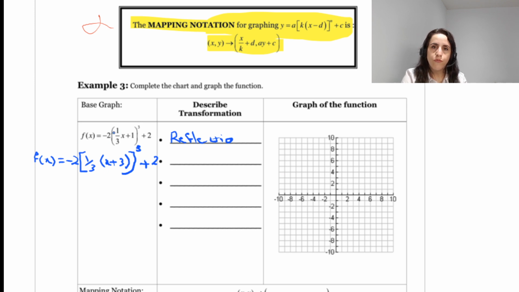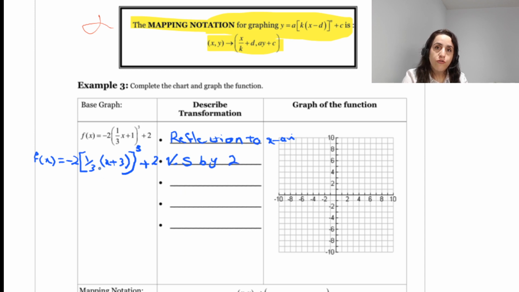How about 2? What is the 2 telling me? Vertical stretch, I'm going to write it down. Vertical stretch by a factor of 2.